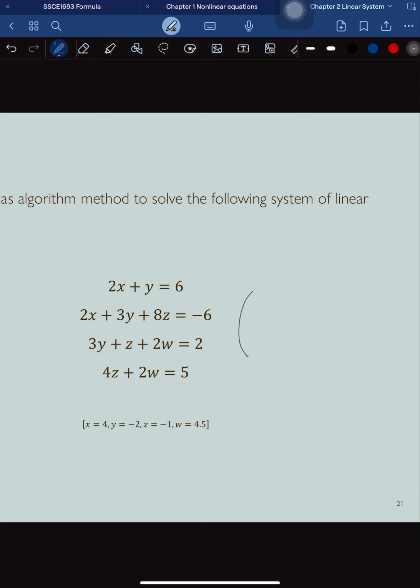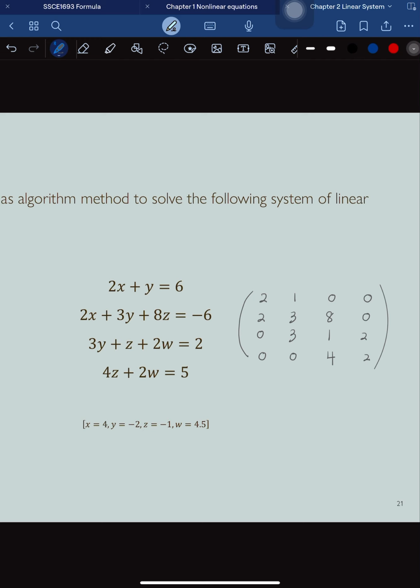Okay, so we put in the matrix of A. In the matrix A, we have 2, 1, 0, 0, 2, 3, 8, 0, and the unknowns x, y, z, w. Okay, now refer to this matrix. This is already in the tri-diagonal matrix, so you don't have to do anything.